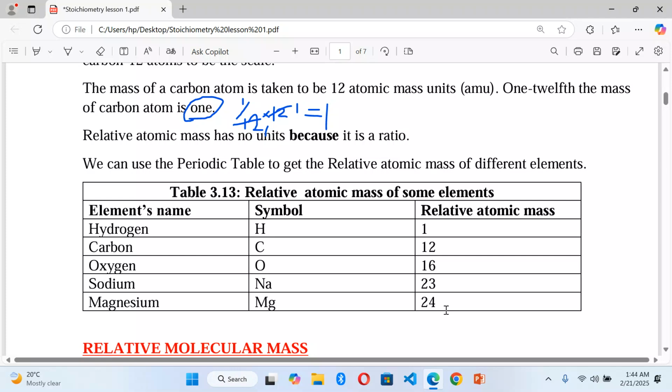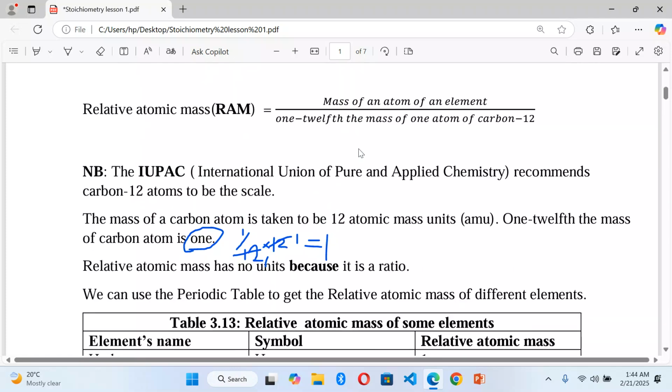So when you go on the periodic table and you find the different elements, their mass numbers are equivalent to their relative atomic mass. The difference is that relative atomic mass doesn't have any units. Why? Because if you look at this formula for determining relative atomic mass, we're comparing the mass of an element to that of carbon-12.